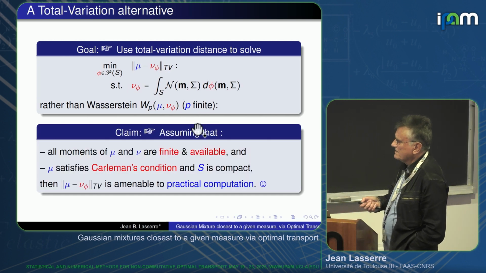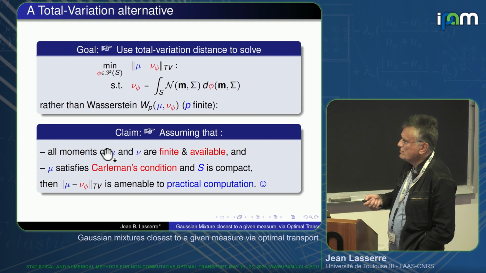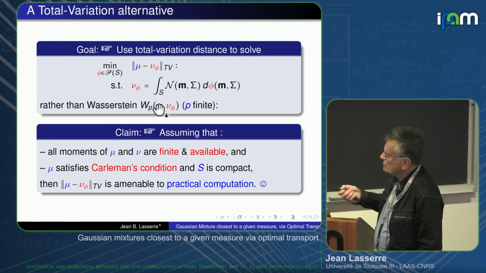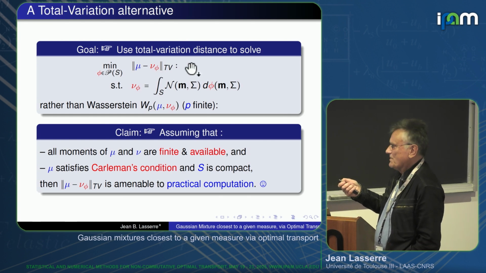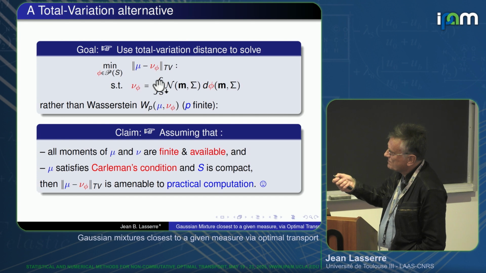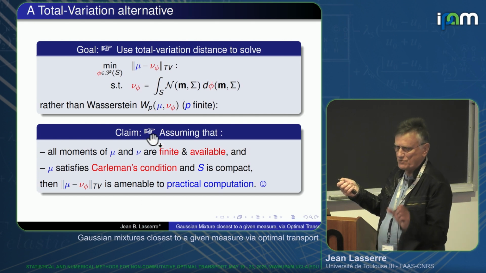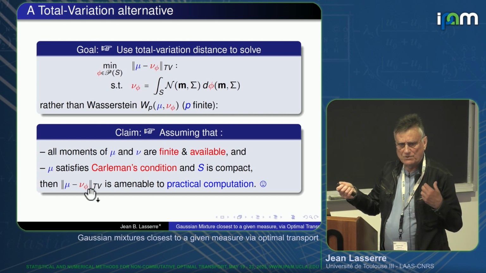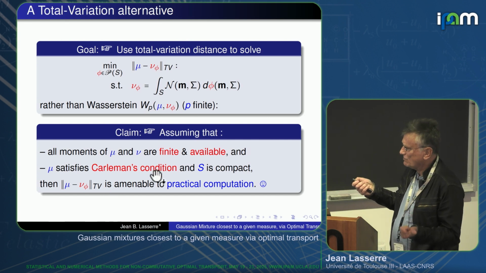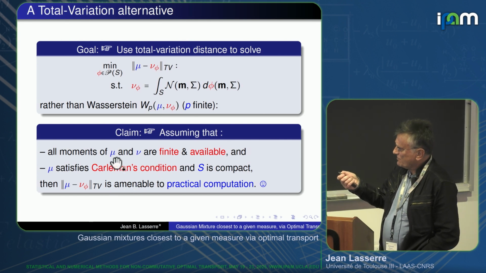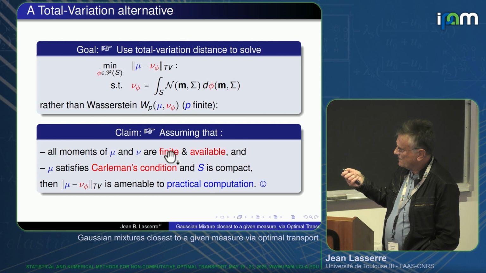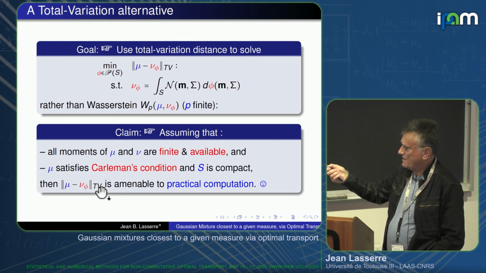And we claim that, assuming that all moments of mu and nu are finite and available, when you solve an optimal transport total variation problem with a nu here instead of a nu phi, so you want to compute the distance between mu and nu in total variation, if both of them have finite and available moments, and mu and nu satisfy the Carleman condition, and in the case of nu phi, S is compact, then you can compute this.